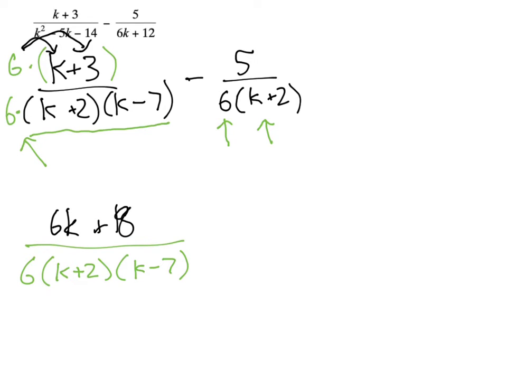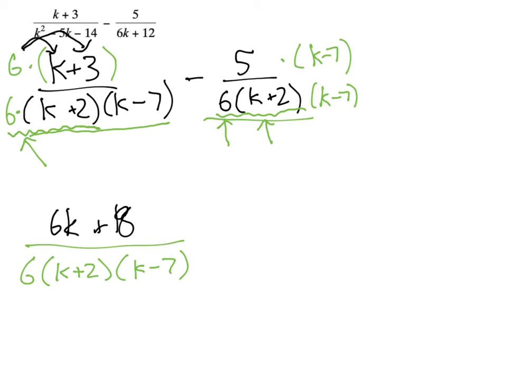Now we need to make the denominator on the right look like what we have on the left. So the denominator on the left already has 6 times k plus 2, just like we have on the right, but we're missing that factor k minus 7. So let's multiply the denominator by k minus 7, and we can also multiply the numerator by k minus 7.